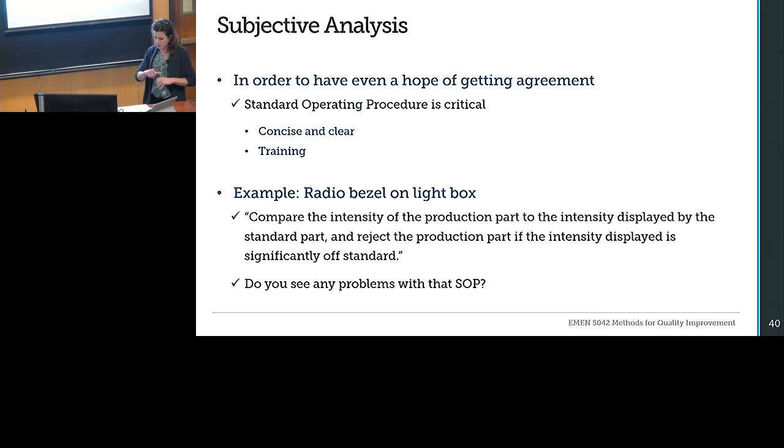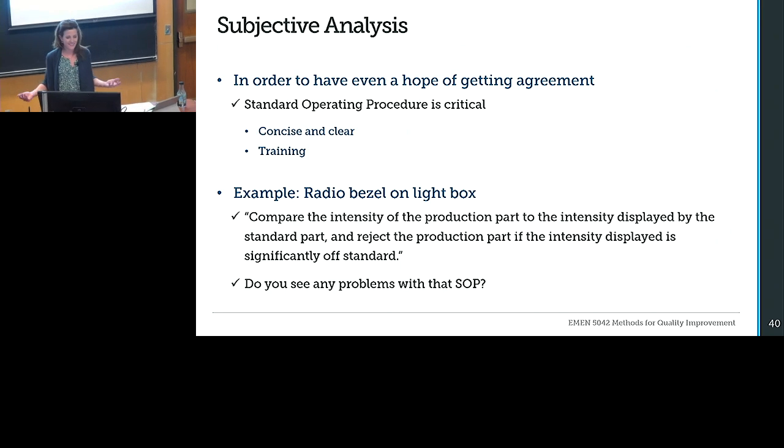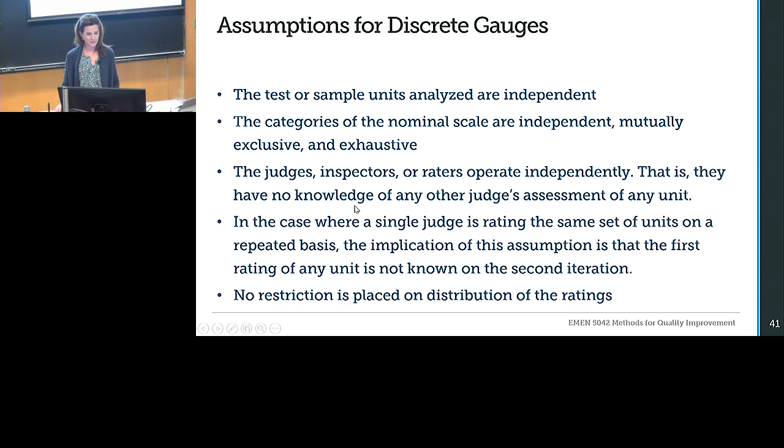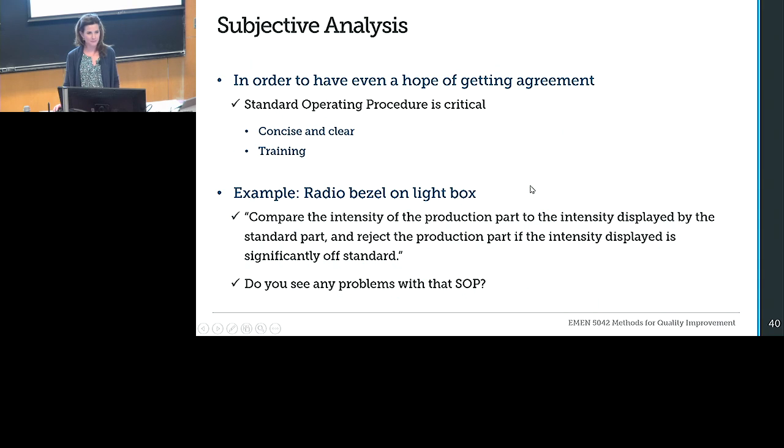Is that a good SOP? If you read that SOP and then you went out to do that, could you do the job? No! You're like, what's intensity, first of all? What do you mean? Okay, the intensity. And so we're looking at the intensity of the light, right? So, I mean, that's goofy.